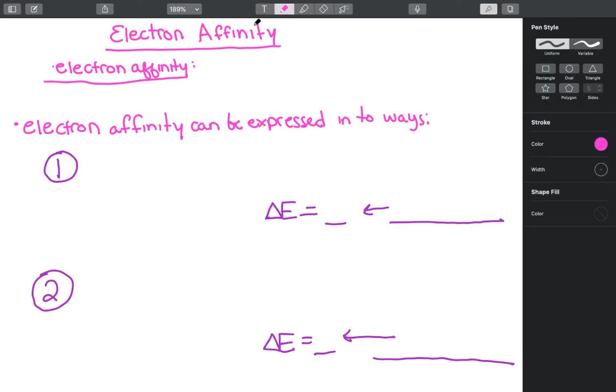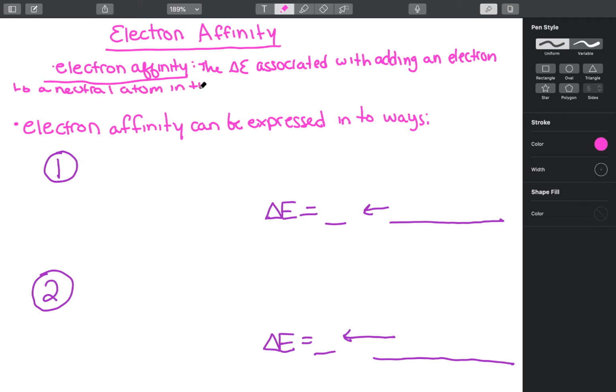Well, electron affinity is defined as the change in energy, so this means the change in energy associated with adding an electron to a neutral atom in the gas state, or the change in energy associated with an anion losing an electron in the gas state.